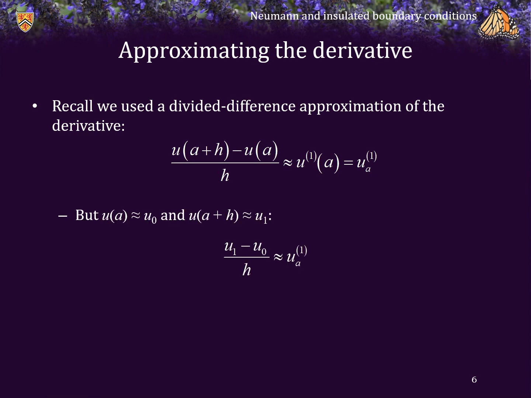But wait a second, u at a is approximately equal to u0. Again, we're trying to approximate u sub a by u0. And u at a plus h is being approximated by u1. So substituting these two into the above equation gives us that the difference between u1 and u0 all over h is approximately equal to that slope.